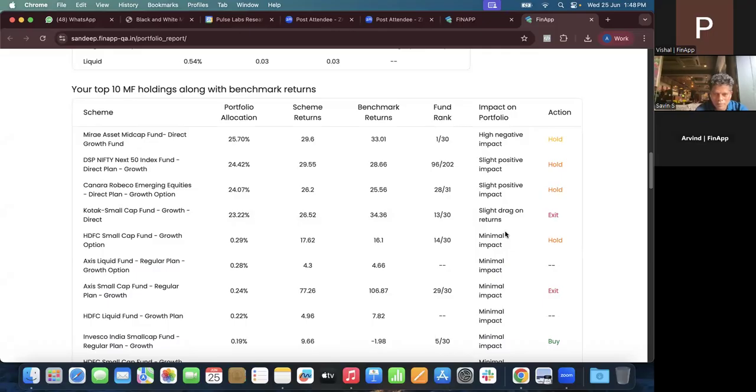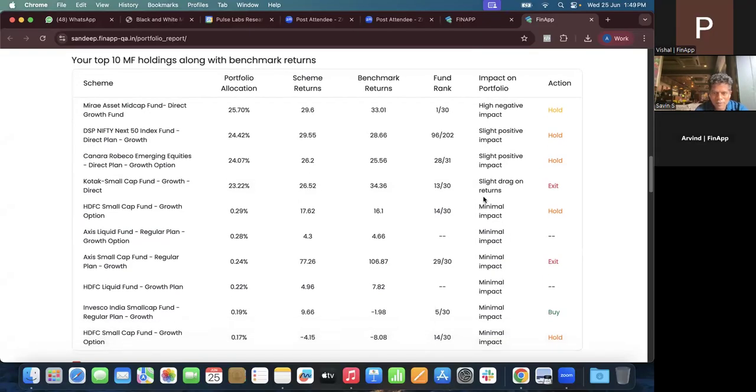For example, it is saying exit. Why is it saying exit? Because this fund has underperformed the benchmark, number one. Number two, it is in the last, or second quartile of the fund ranking also, almost 50%. There are 12 funds which are doing better in the same category.